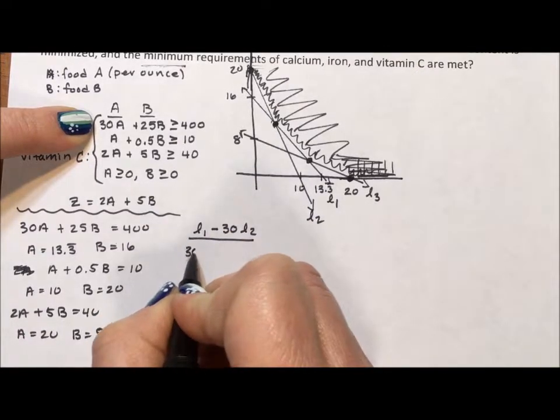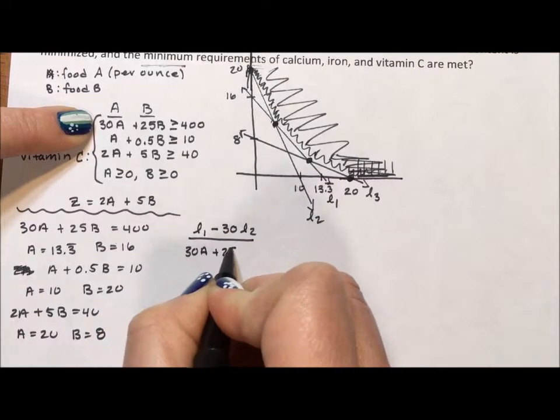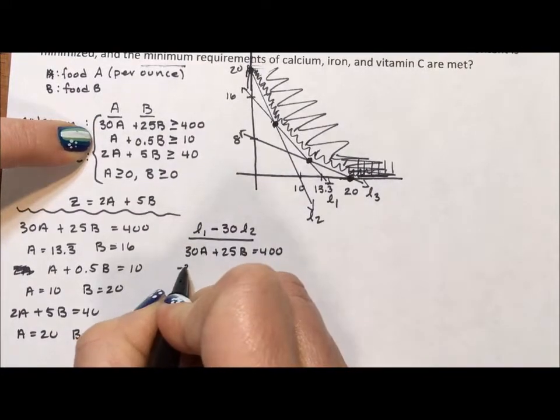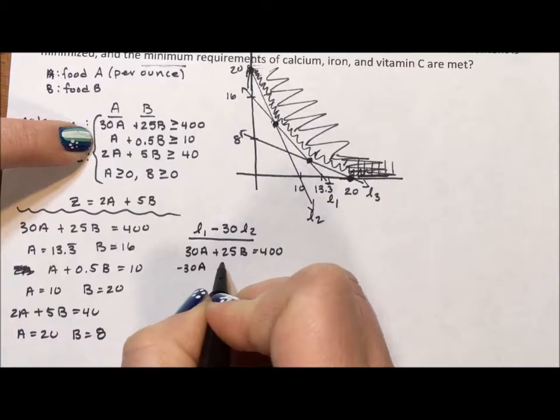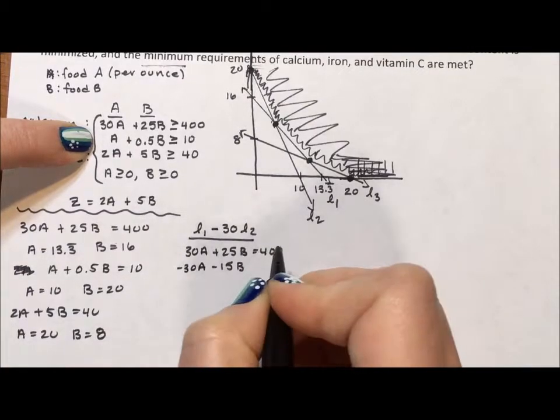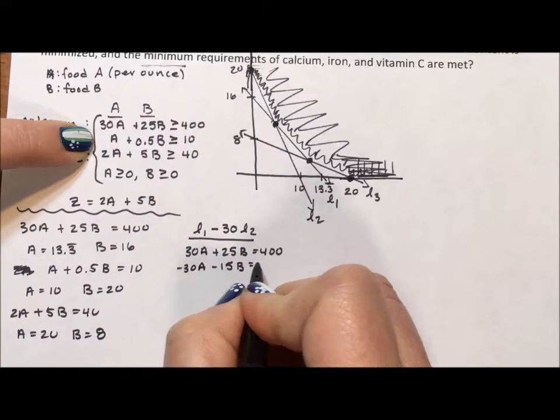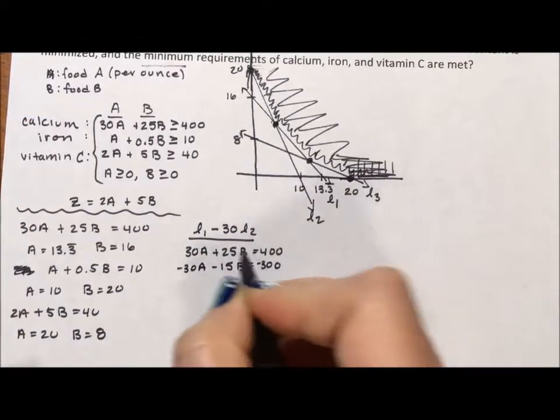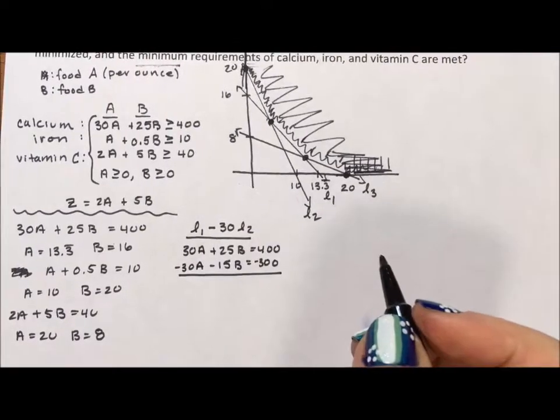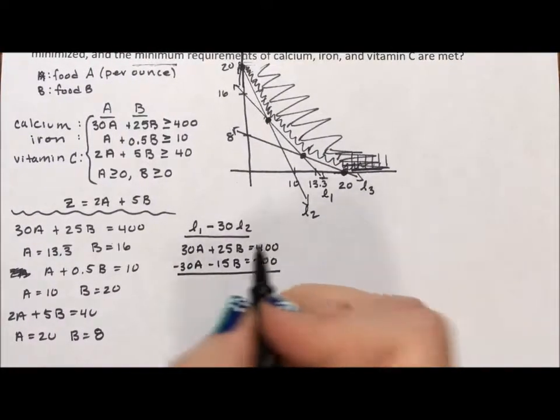Line 1 is 30A plus 25B equals 400. Negative 30A, negative 30 times 0.5 is 15, negative 15B, and negative 30 times 100 is negative 300. I always multiply through by the negative and add down to avoid dropping negatives and making sure I don't add when I mean to subtract.